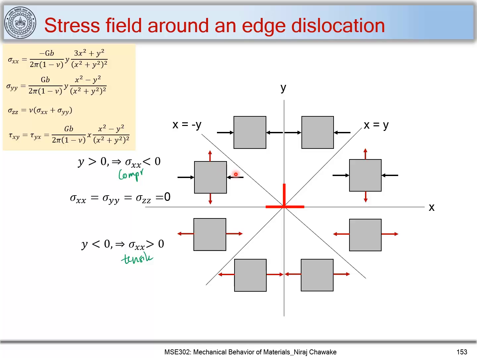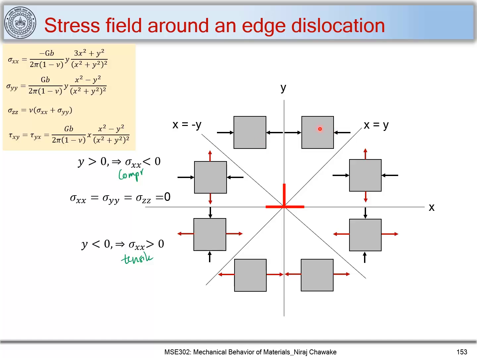Now at these elements y is negative and x is greater than y, so y will be the determining factor for the nature of sigma yy. So at these locations sigma yy is compressive in nature. So we have compressive sigma yy here on these two elements.